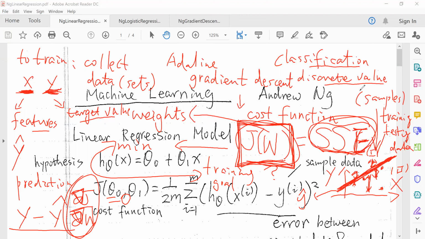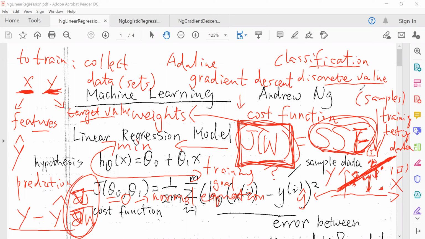That's the pure math solution to find the weight that can minimize the cost function. In that case, you need to solve what we call the normal equation.